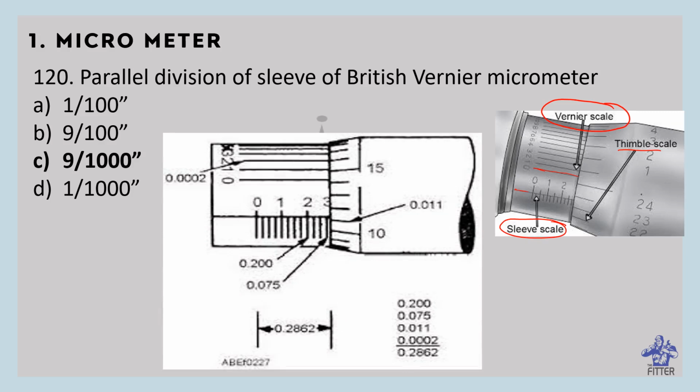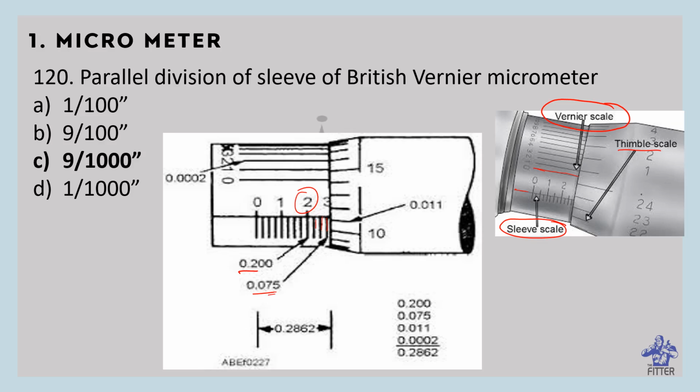You can see the 2 here, so that is 0.2, and 3 inside divisions are there. So each one is considered, 3 into 0.025, that is 0.075.